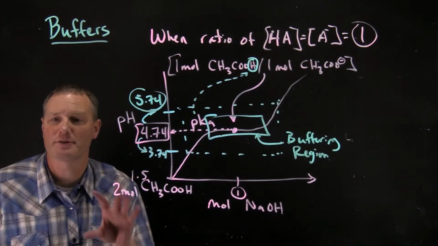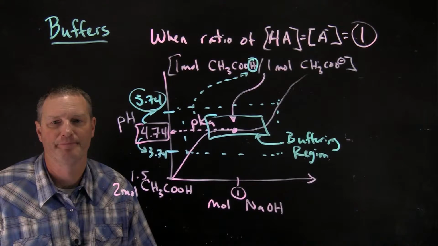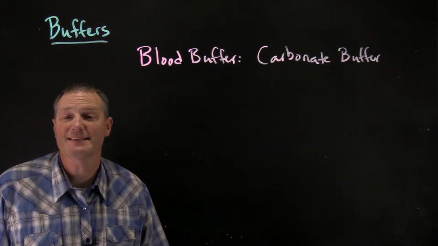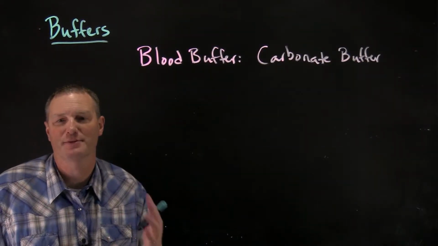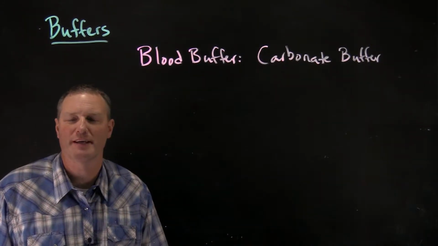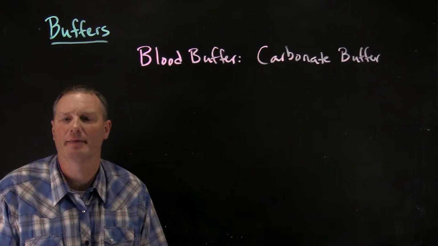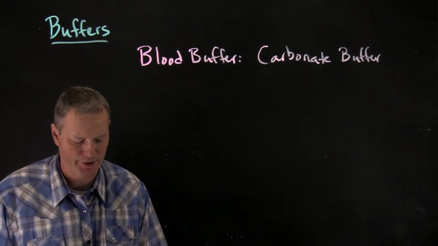In the last section, I'm just going to briefly mention the carbonate buffer system that we find in blood. So in this last section, I want to talk about a specific buffer called the carbonate buffer. This is one of the buffers that you find in your blood that helps keep the blood at a relatively constant pH.